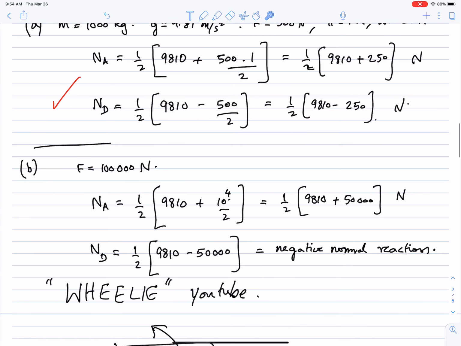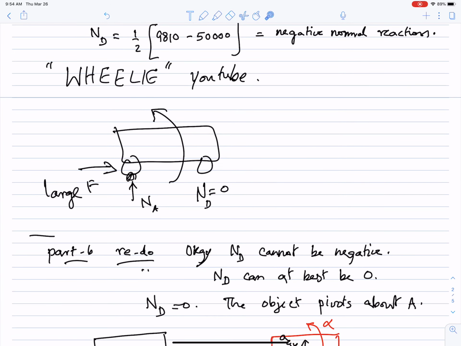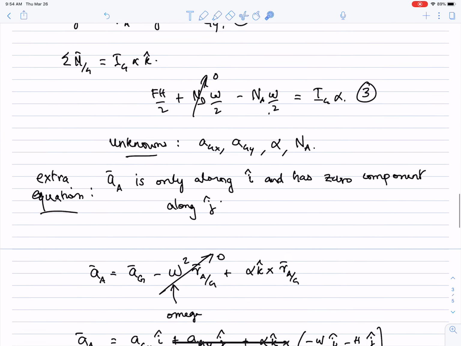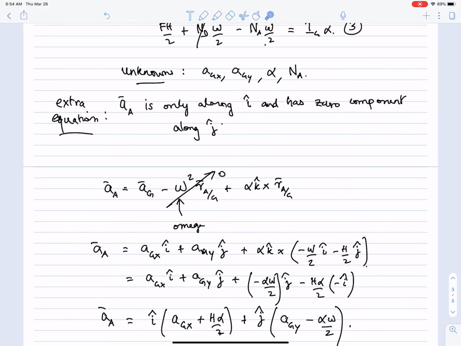That's how we would solve the problem for F equals 100,000. When we plugged in F equals 100,000 in the original equations, which assumed that the object was moving without rotation, you got a negative normal reaction, and then we set the normal reaction to 0 and redid the whole problem in some sense.